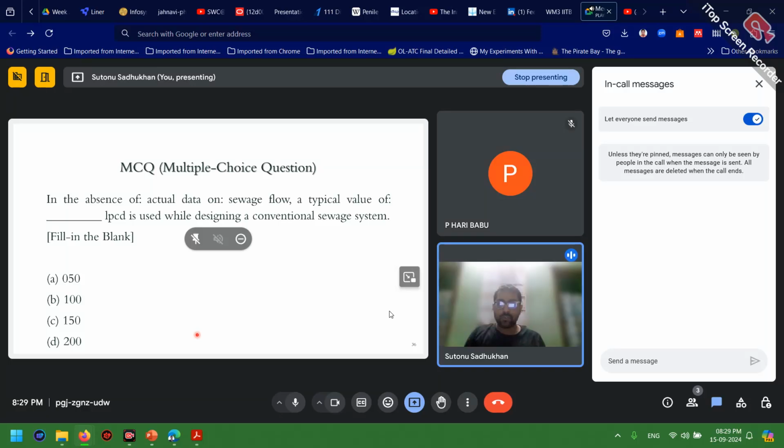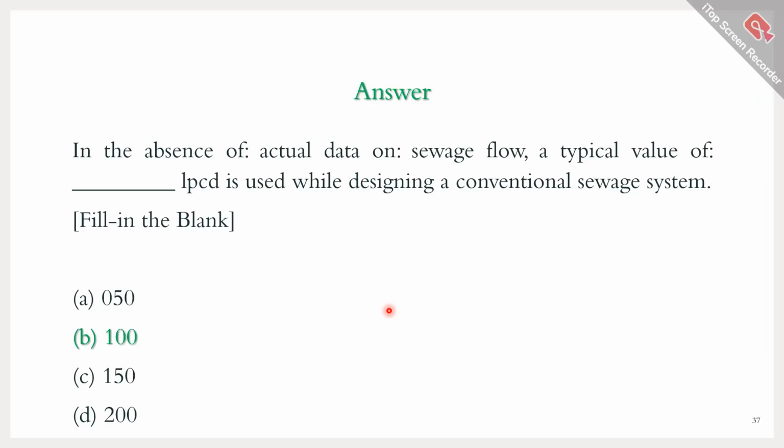Okay, so we will move on to the solution. 100 is the correct answer. So 100 LPCD of sewage flow you have to consider while designing a conventional sewage system when you don't have the actual data of volumetric flow rate of sewage. Now this 100 LPCD you have to multiply with the entire population.